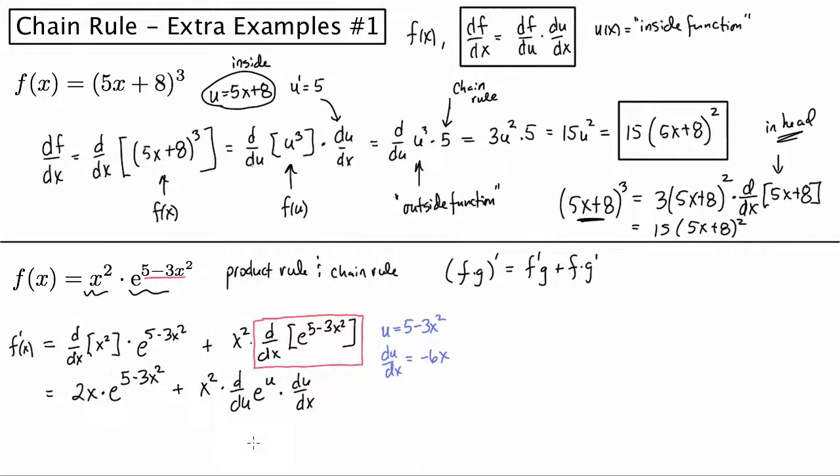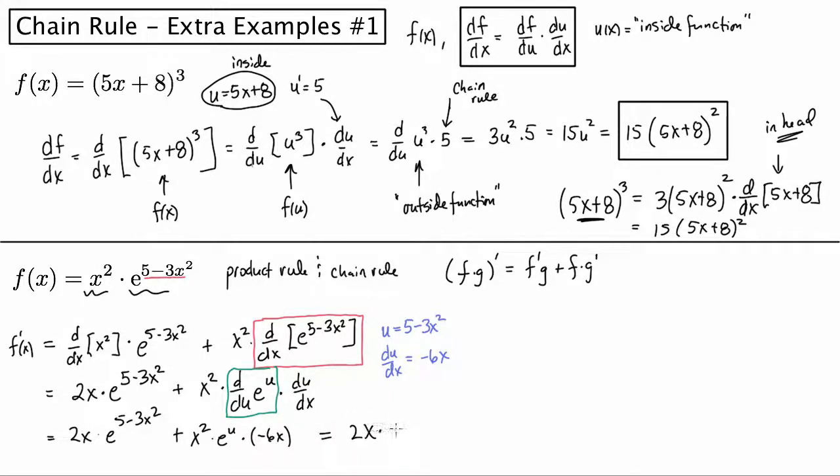And so, writing down the rest of what we have here, the derivative with respect to u of e to the u, so this is the outer function derivative, is e to the u. And the inner function derivative du dx is negative 6x.